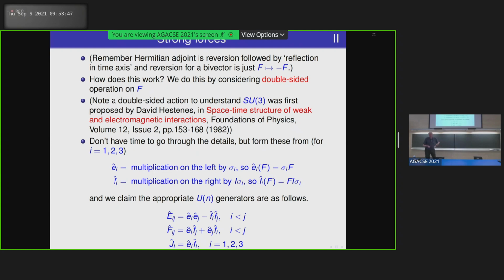Okay, so what happens here is systematizing the whole thing and making clear how it works in the context of the type of generators that we had before for U(n) in the Lie groups and spin groups approach. So again, we have a little e and a little f, and now these are operators. I mean, e_i as an operator is multiplication on the left by sigma_i, there it is. f_i as an operator is multiplication on the right by i sigma_i, there it is.